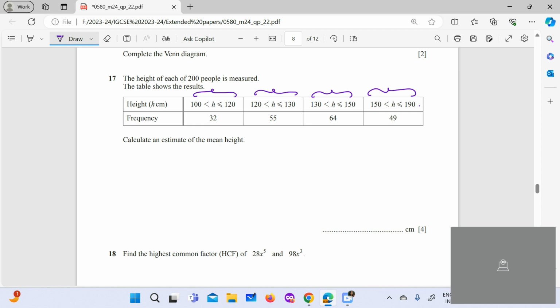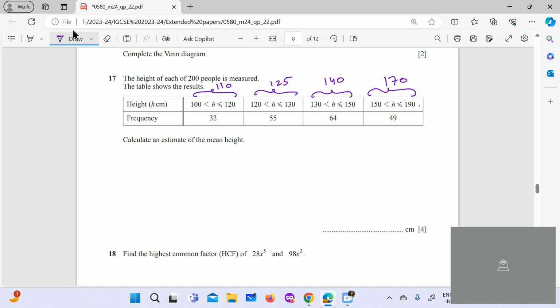So here the midpoint will be 110, and here it is 120 plus 130 is 250. 250 upon 2 will give you 125. This one will be, no, not 170. This is 280, na? So half of 280 is 140, and this one will be 170.